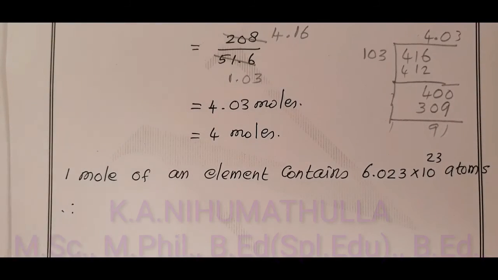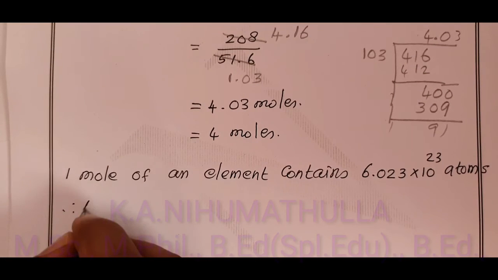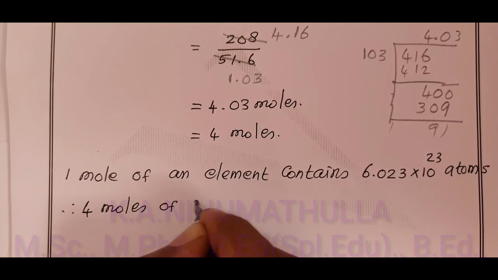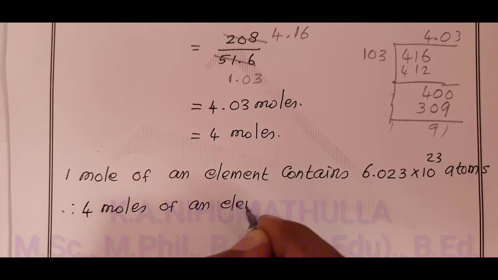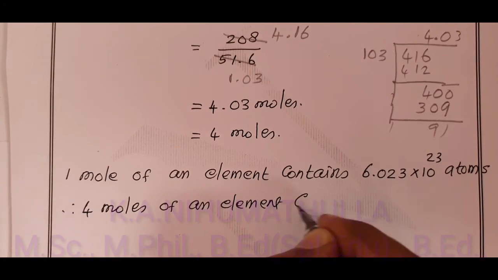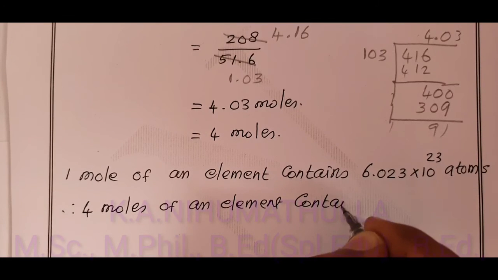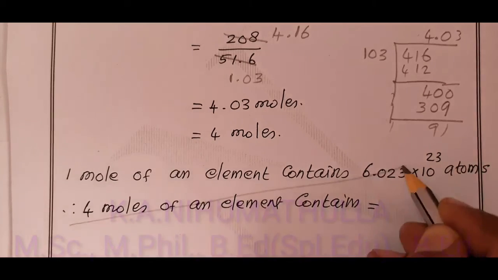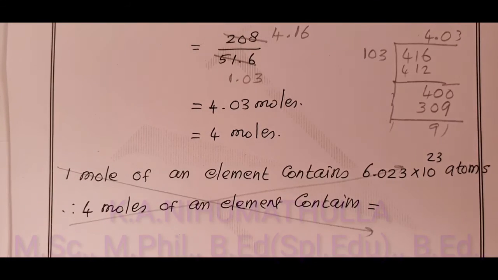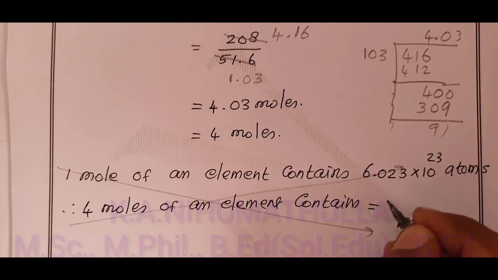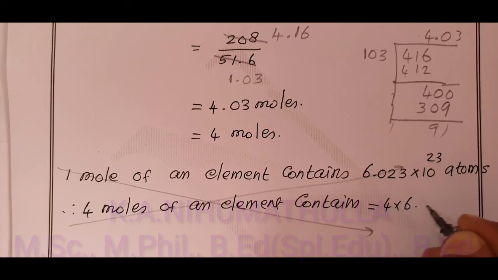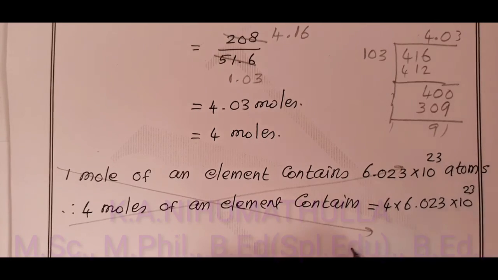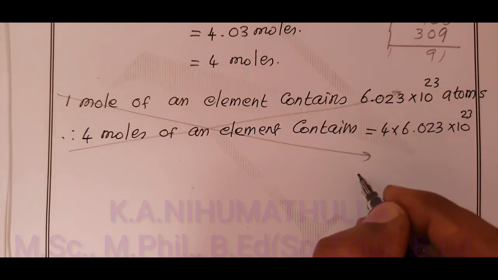Therefore, 4 moles of an element contains, by cross multiplying and dividing by the given value, 4 into 6.023 into 10 power 23. What is the answer you will get?